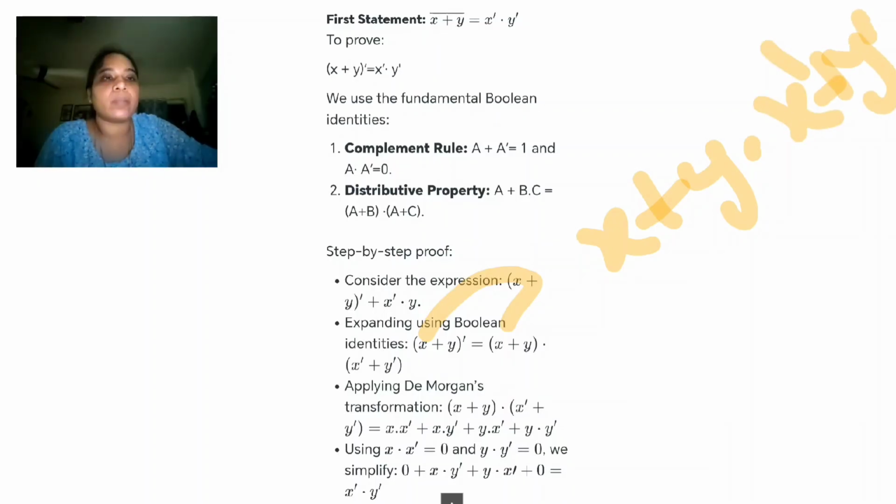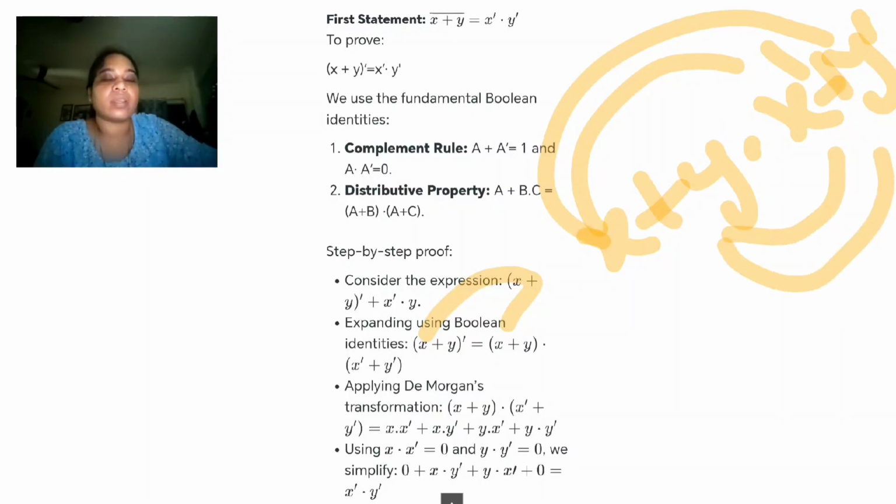Now I'm going to multiply this, x into x dash, another x into y dash. Next y into x dash, another y into y dash. So the first expression you get is x dot x dash, second x dot y dash, next y dot x dash, and the last one is y dot y dash. Fine, so I'm going to apply the distributive and complement rules.